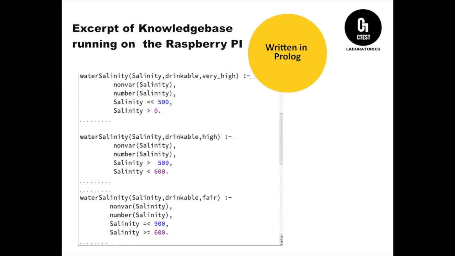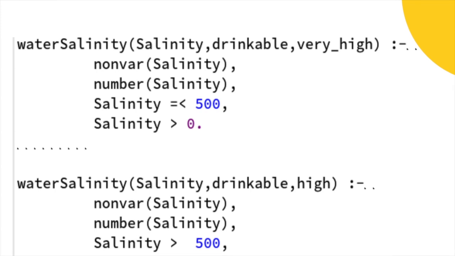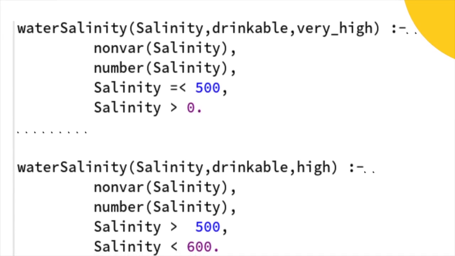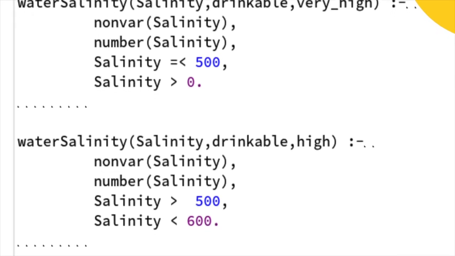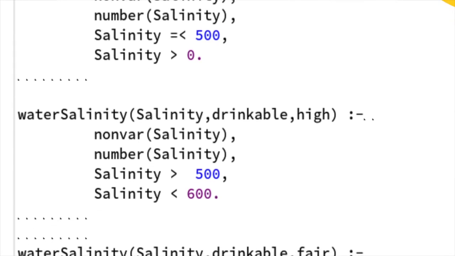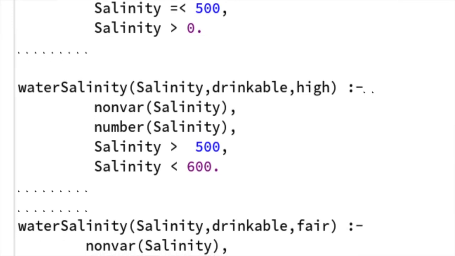This is giving some of the knowledge about salinity: if it's under 500, the measurement in this case, and we're talking about the salinity in water, then the water is very safe to drink. If it's over 500 but under a certain level, then the water is drinkable, but not as safe as the first case.